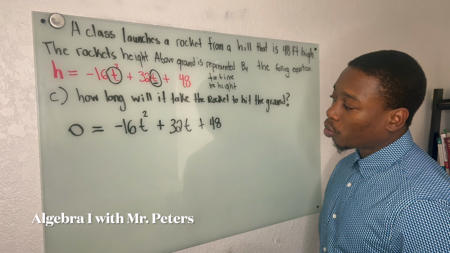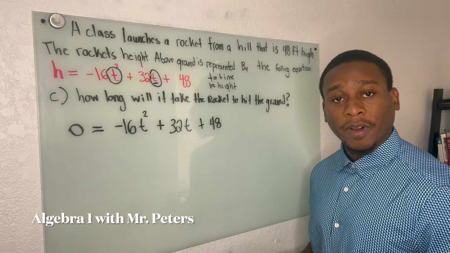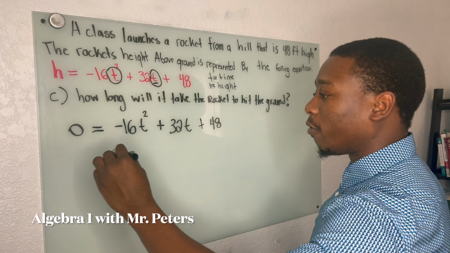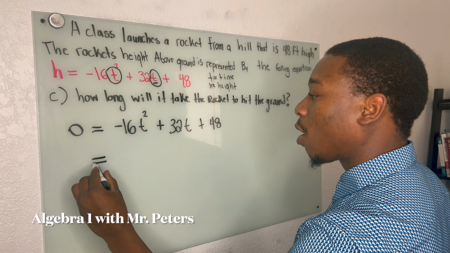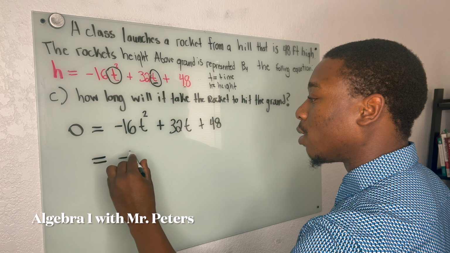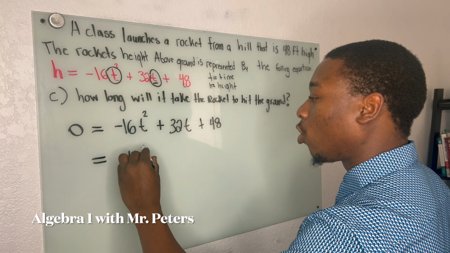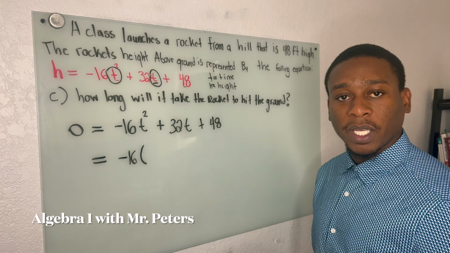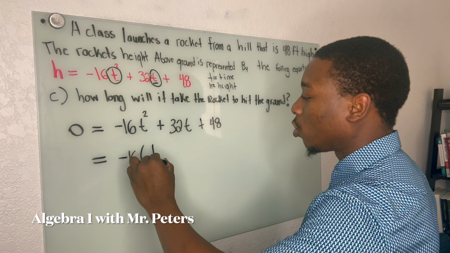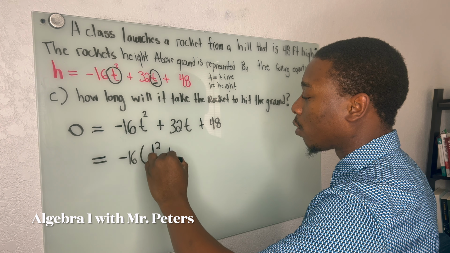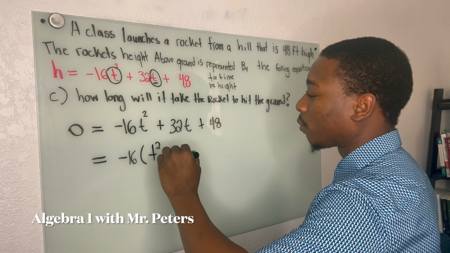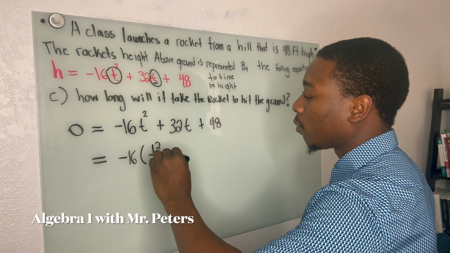When we're trying to simplify this, we're going to take out a greatest common factor. The greatest common factor I'm going to pull out is negative 16, because we want the first term to be positive. That gives us t squared minus 2t minus 3.